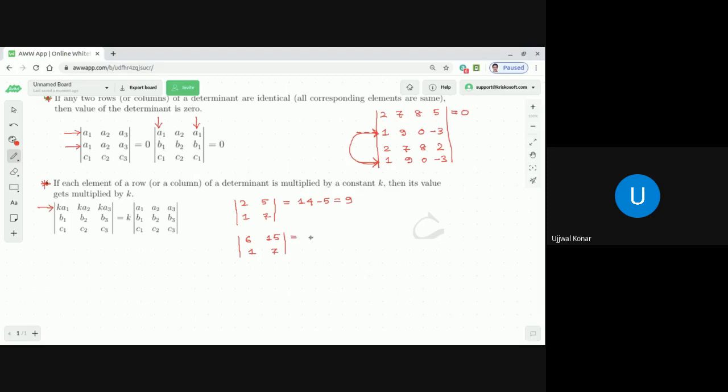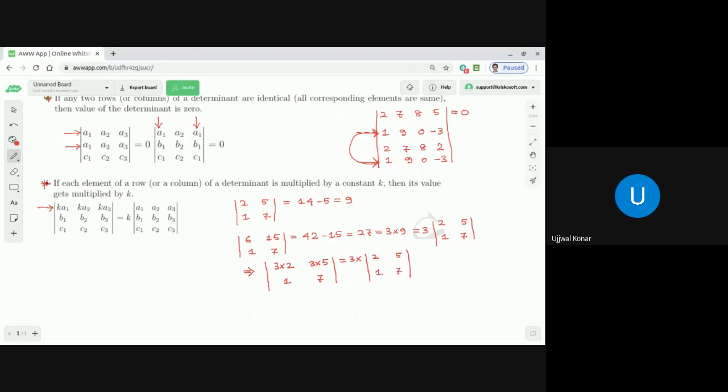So it is 42 minus 15, which is equal to 27. 27 is nothing but 3 into 9, that is equal to 3 into the determinant 2, 5, 1, 7. So if we see 6, 15, we can write 3 into 2, 3 into 5, 1, 7, that is equal to 3 into that determinant 2, 5, 1, 7.